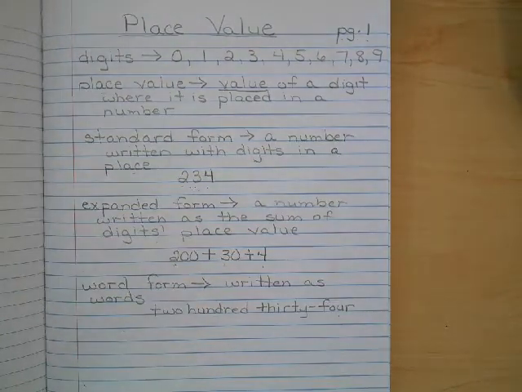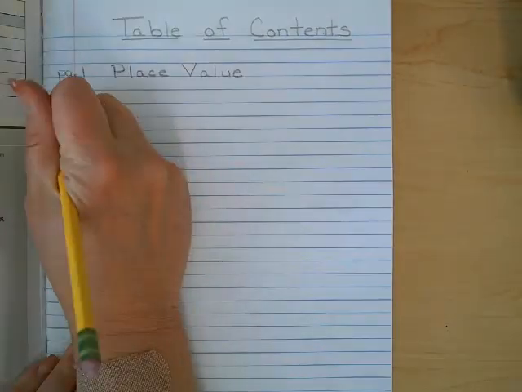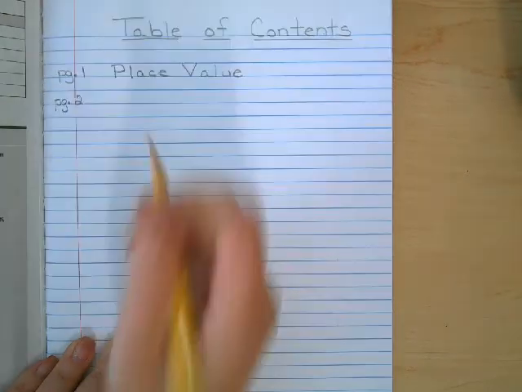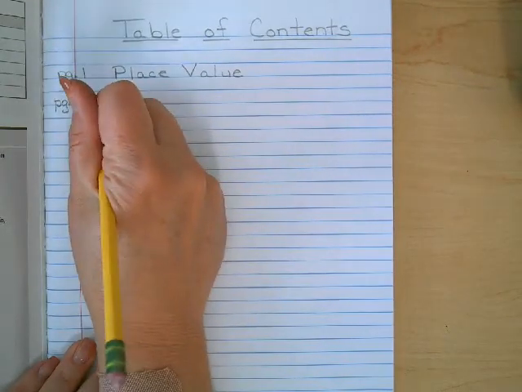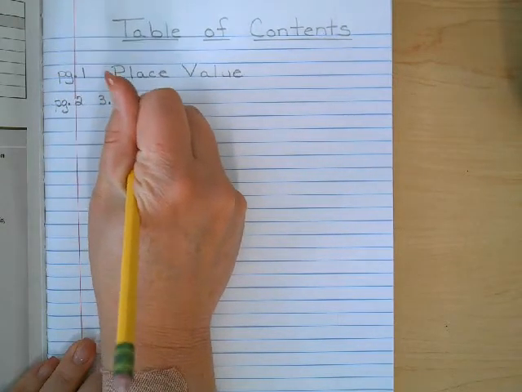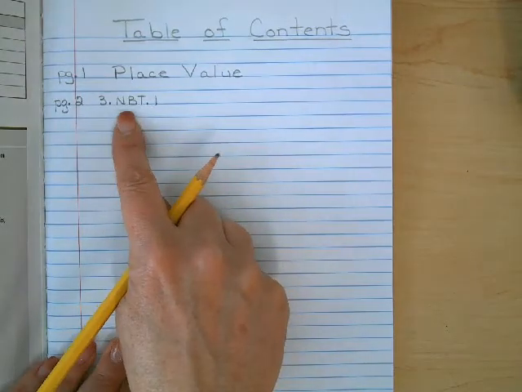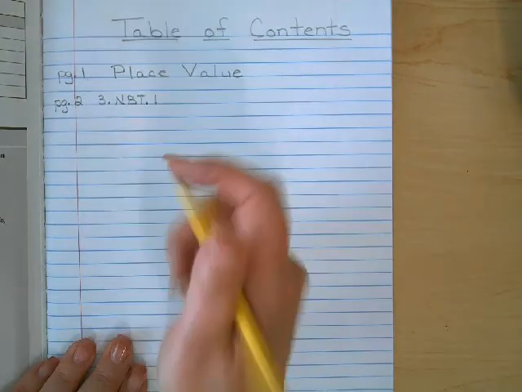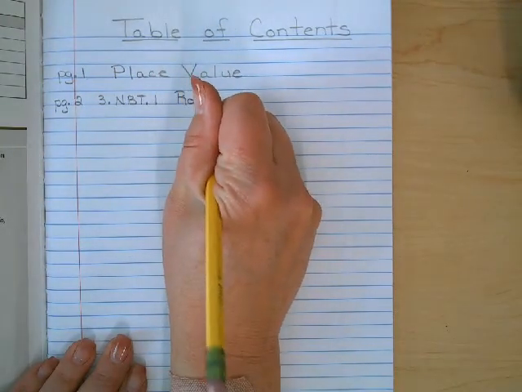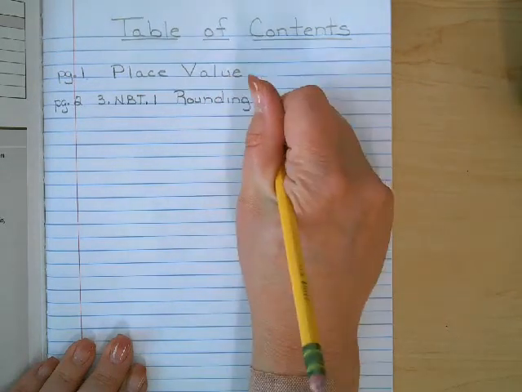And now, if we go back to our table of contents, we're going to put a page 2 in our table of contents, and we're going to write 3.NBT.1. And this stands for numbers in base 10. And this standard has to do with rounding to the nearest 10 or 100.